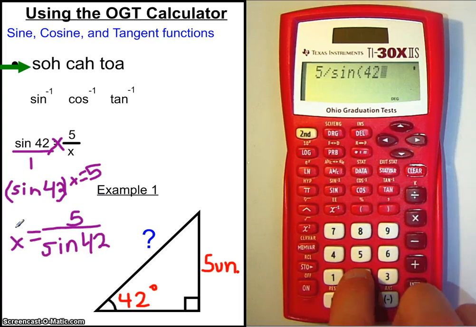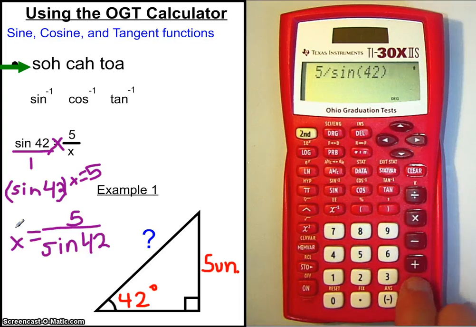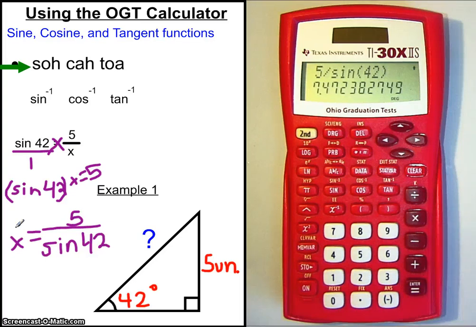Just type in 42, and you can close that parentheses, and then go ahead and push enter or equals. So you get 7.47 and so on and so forth. Now, you do want to make sure that you round it to whatever is being asked in the problem. So if we were to round this to the nearest hundredth, we'd say 7.47 units. So let's go ahead and write that: 7.47 units.